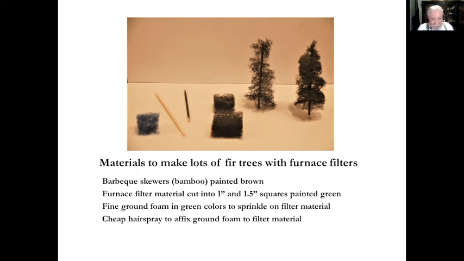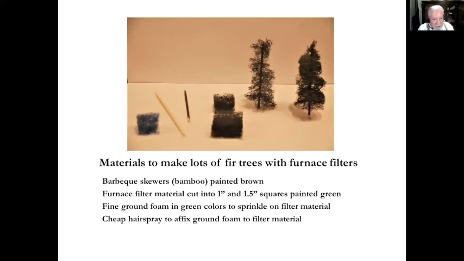Second from the right is after I've teased the material out, and then I shape it a little bit with scissors, and then spray it with hairspray and sprinkle a fine ground foam, and then spray it again with hairspray to create the form of the tree.